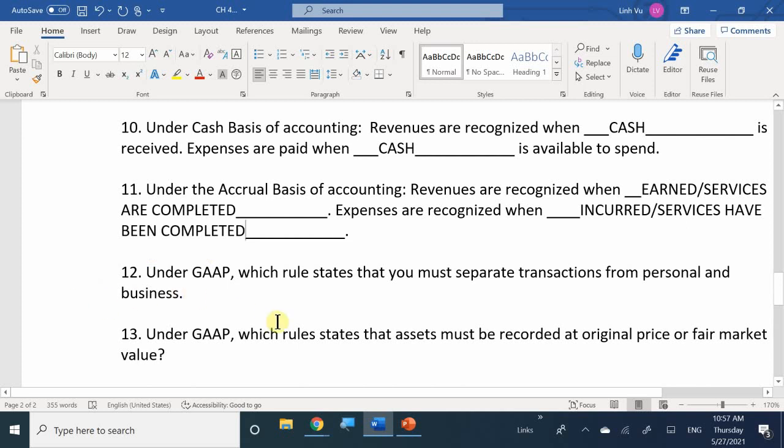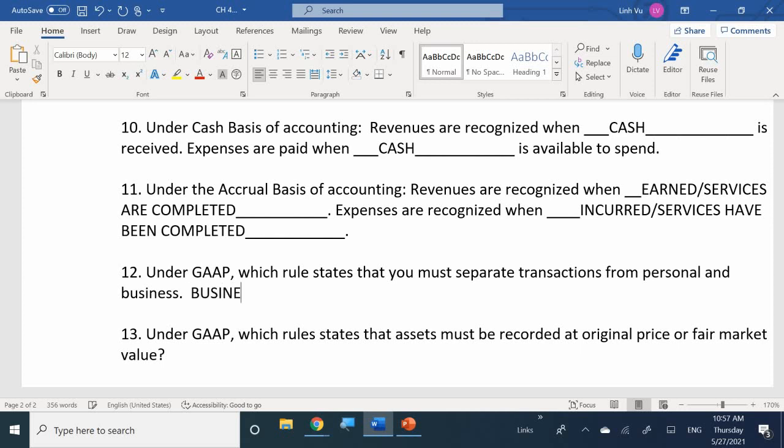Number 12 under GAAP, which rule states that you must separate transactions from personal and business? Business or economic entity assumption?